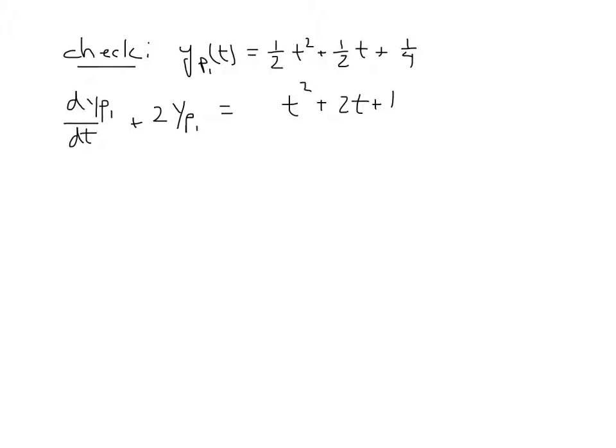Well, its derivative is a 2 plus 1/2. 2 times it, I'll write it out, 1/2 t squared plus 1/2 t plus a quarter.